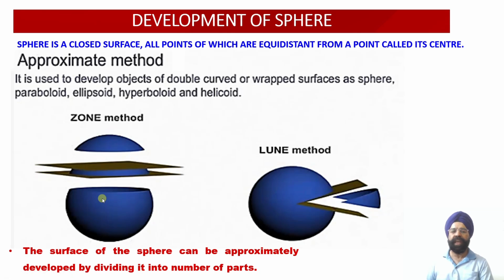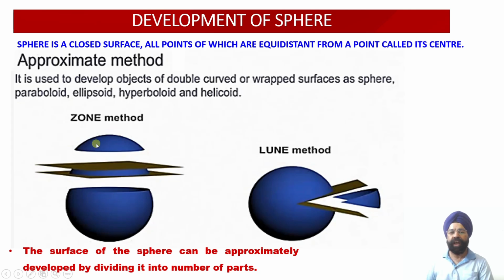Using the approximation method, we make the development for the upper hemisphere. If we cut the sphere into two halves, the development we obtain for the upper hemisphere will be the same for the remaining hemisphere. We can divide the upper hemisphere into 3 zones or even 4 zones.